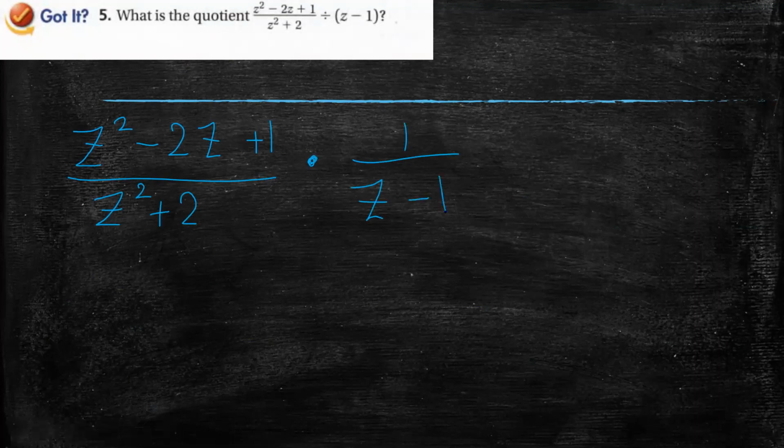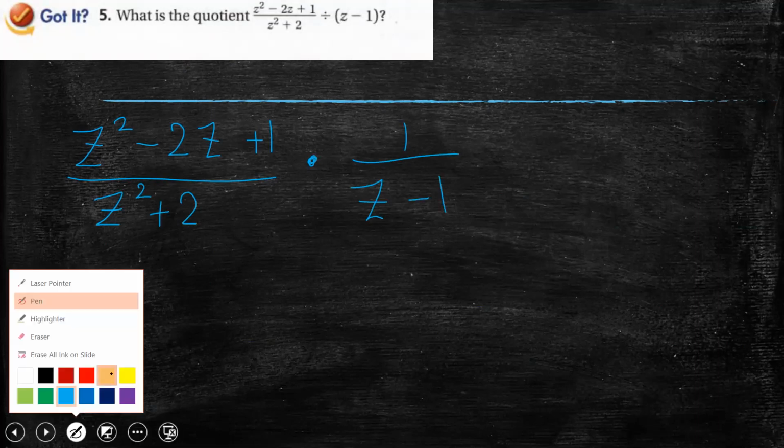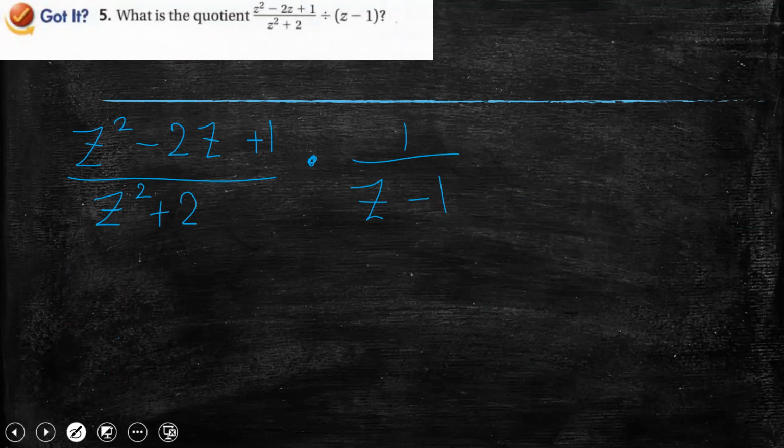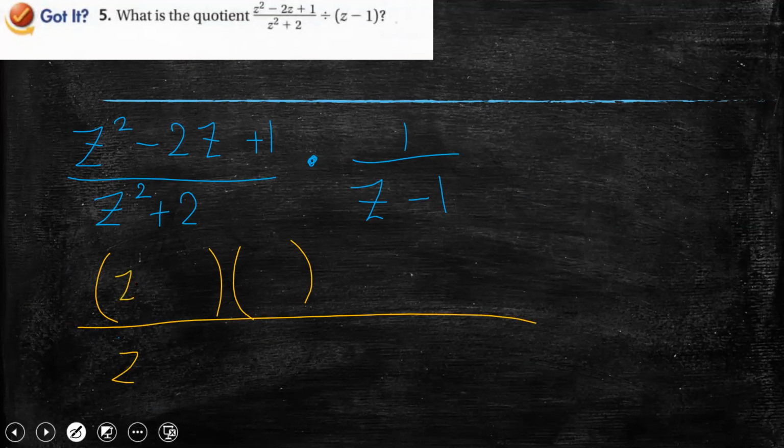Bravo. Now look at the first one, the numerator. Let's factorize it. What did we have? z minus 1, z minus 1. Bravo. Since I have plus, they are the same sign, but here we have minus, so minus and minus. Over z squared plus 2.